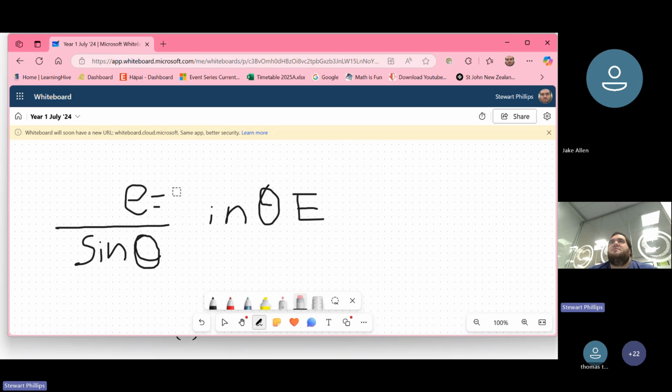So if we get rid of this sine theta, we're left with small e divided by sine theta, or our instantaneous voltage divided by sine of the angle.